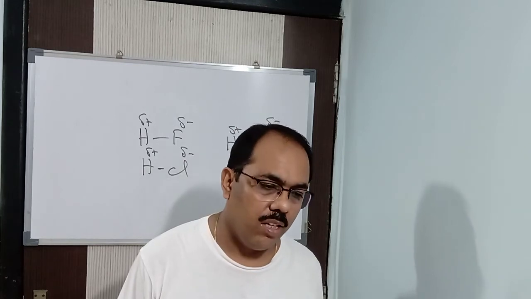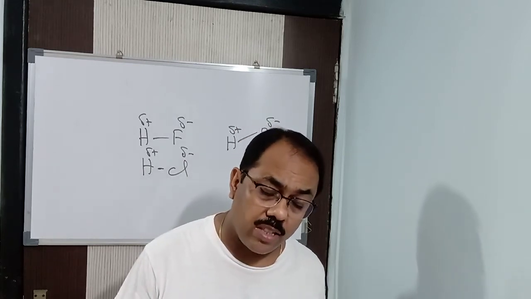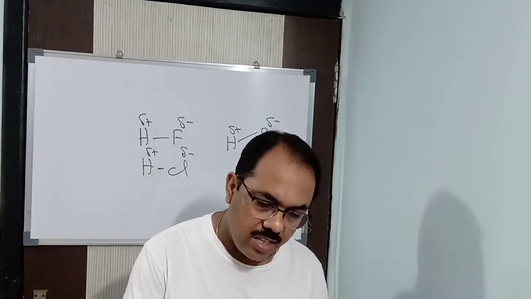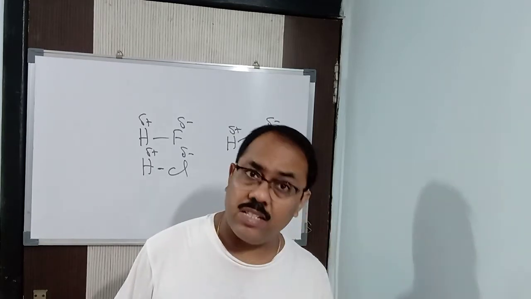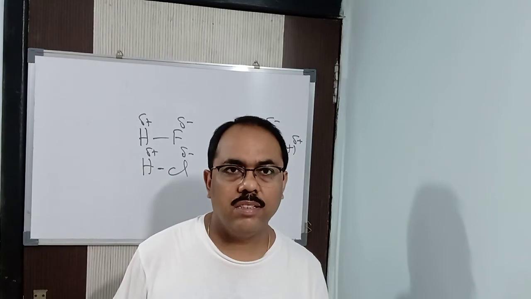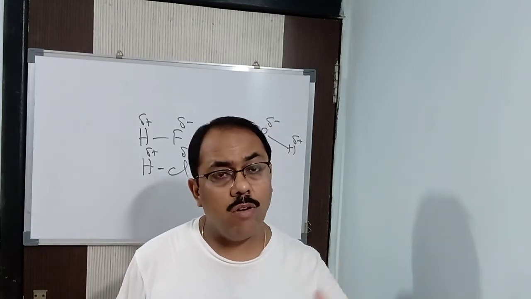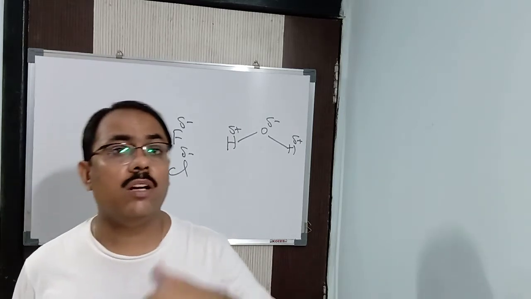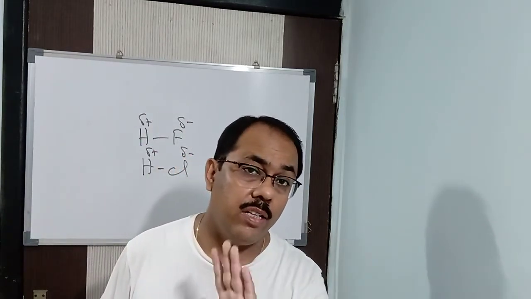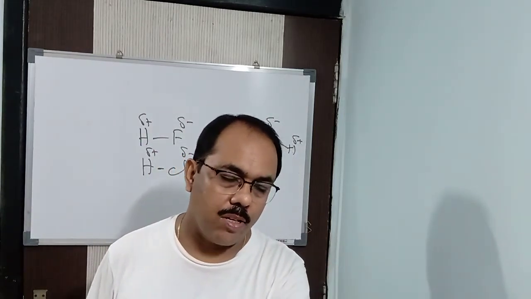Listen carefully. An ionic compound dissociates because the ions are already present, they just get separated. But in a covalent compound, ions are not present, ions are developed. So we say a covalent compound undergoes ionization, and an ionic compound undergoes dissociation. These are two different terms used for two different compounds.